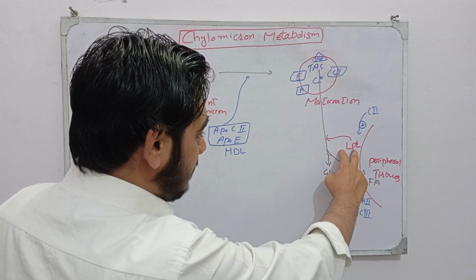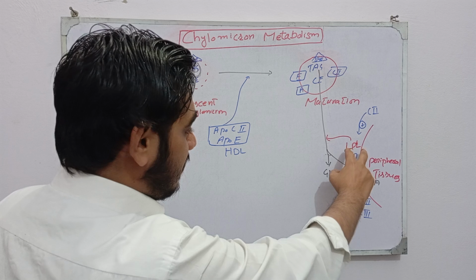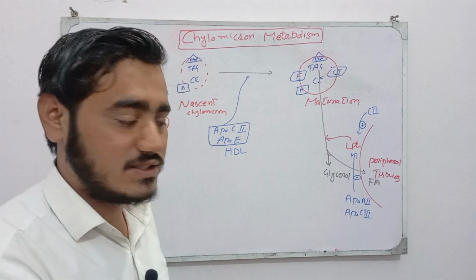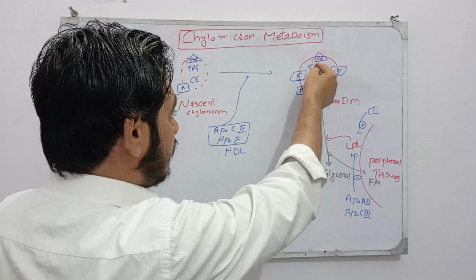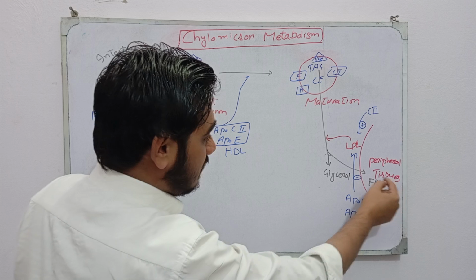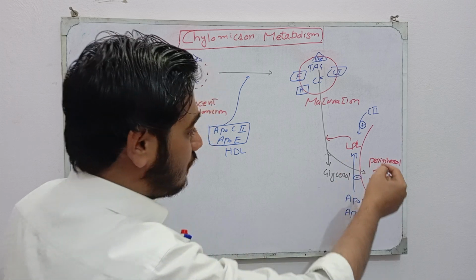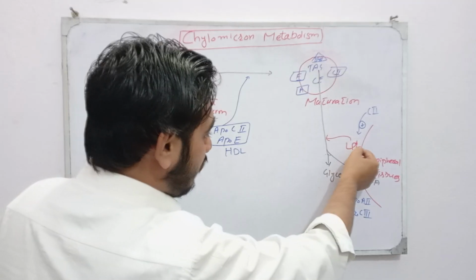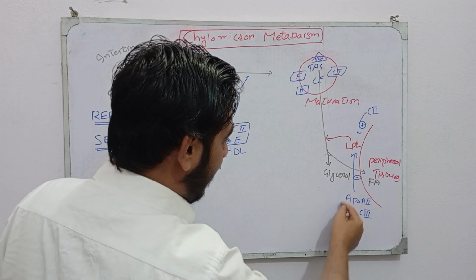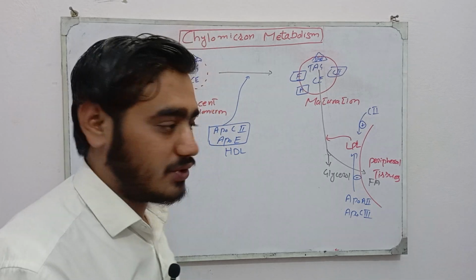This lipoprotein lipase enzyme, present on the capillary wall and fixed to the surface of endothelium by heparan sulfate, acts upon the triacylglycerol molecule and converts it into glycerol and fatty acid, and the fatty acid is transported into peripheral tissues. It is activated by Apo C2 protein and inhibited by Apo A2 and Apo C3 protein.